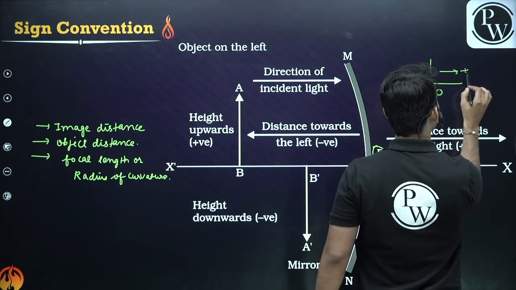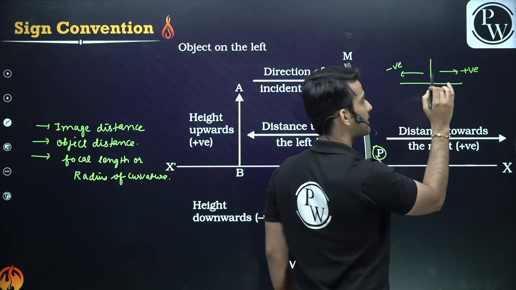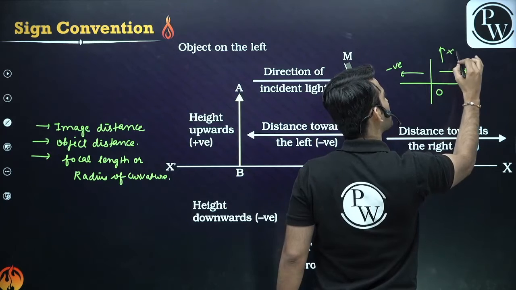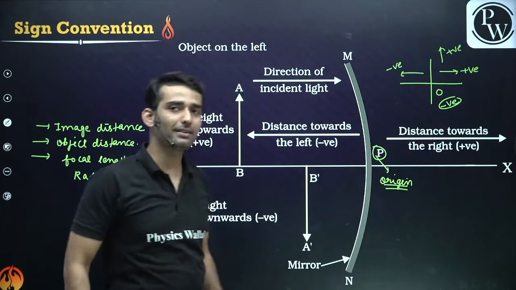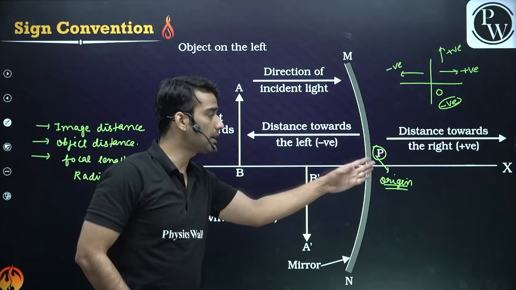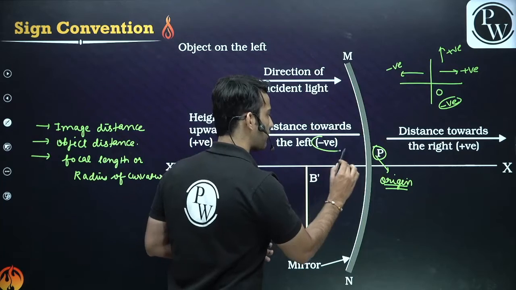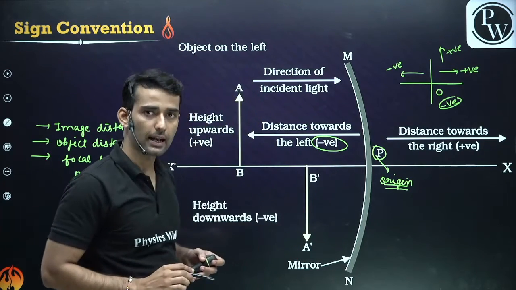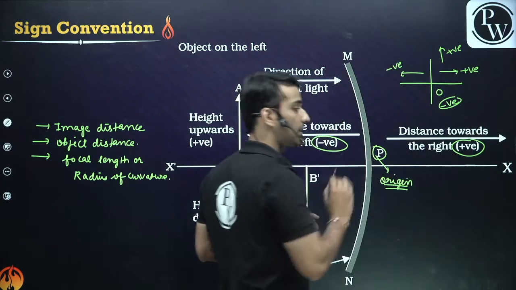So right hand side we have positive x-axis, left hand side we have negative x-axis, upward we have positive y-axis, downward we have negative y-axis. Same cases here. Distances to the left of the pole are negative. Distances to the right of the pole are positive.